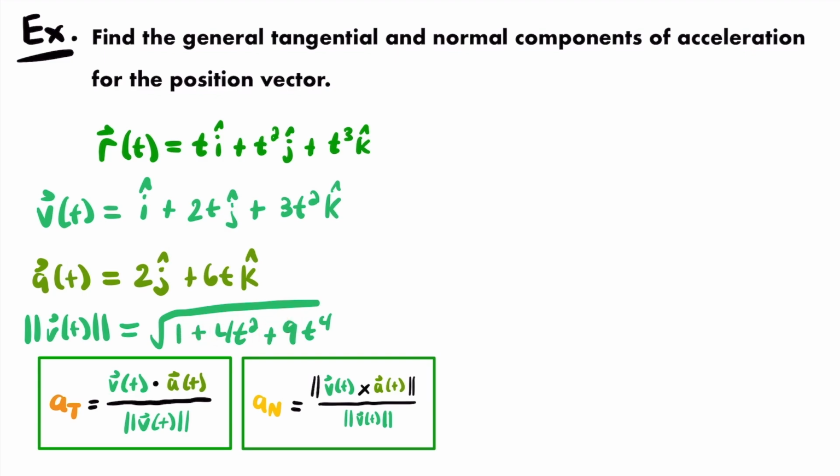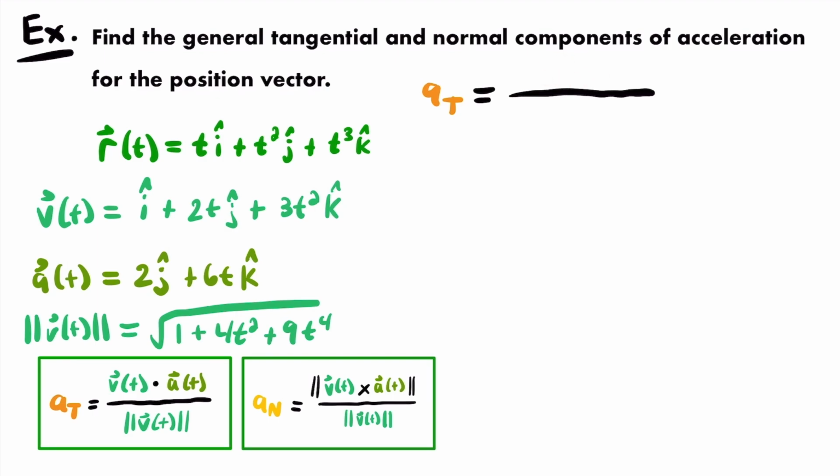So now we have everything we need to calculate these two components, but now we actually have to do the calculations to find them. So starting with the tangential component of acceleration, we need to take the dot product of the velocity and acceleration vectors and then divide by the speed. So we will have a sub t is equal, and let's do the dot product first.